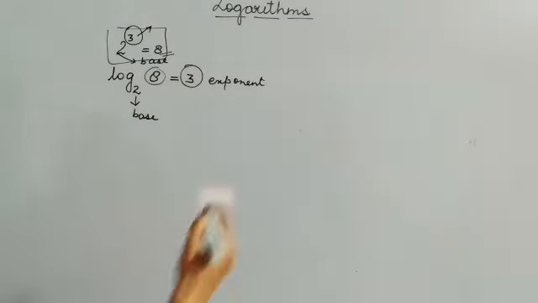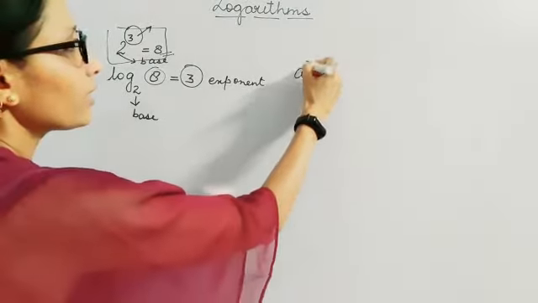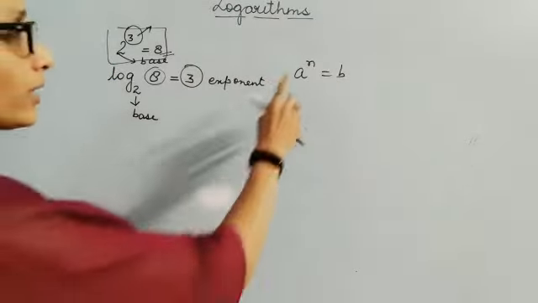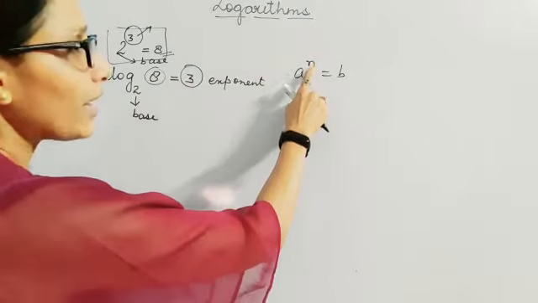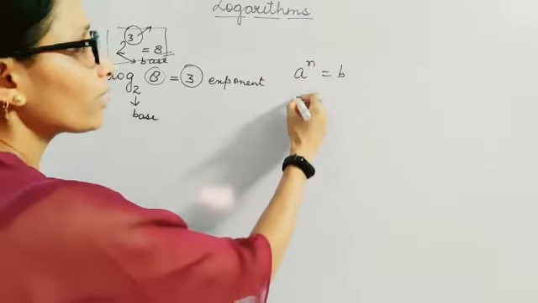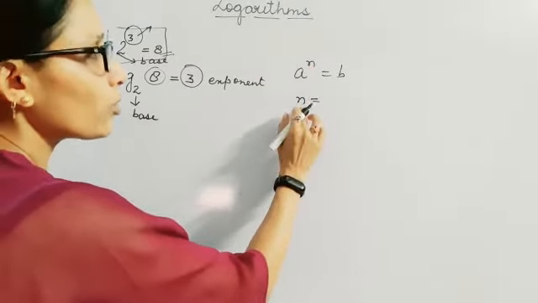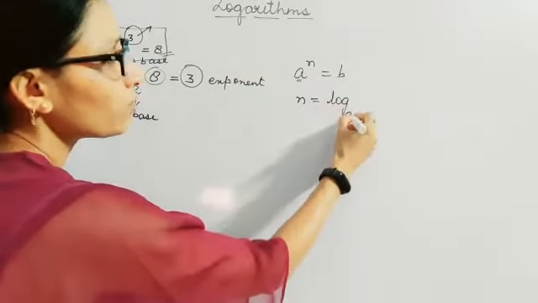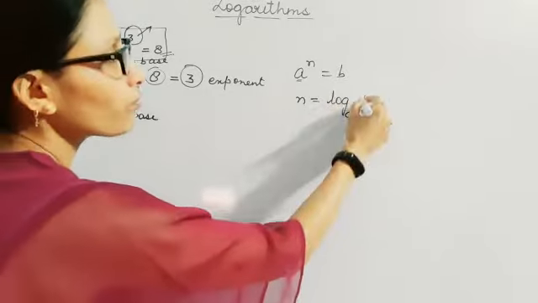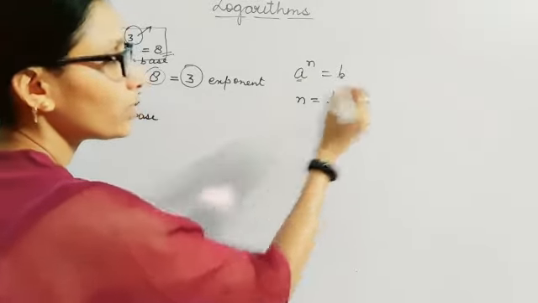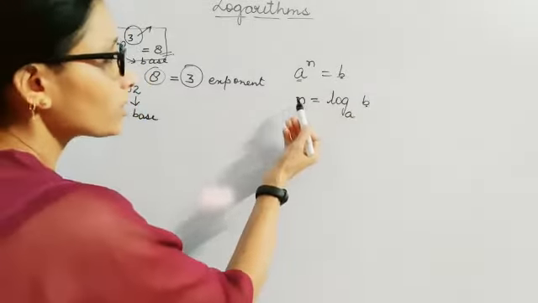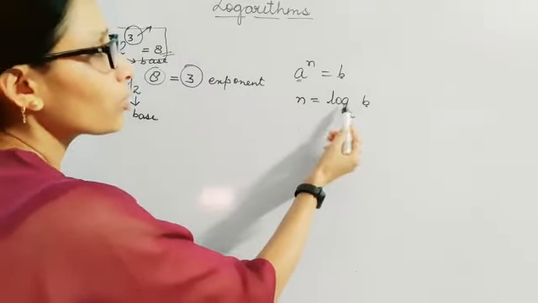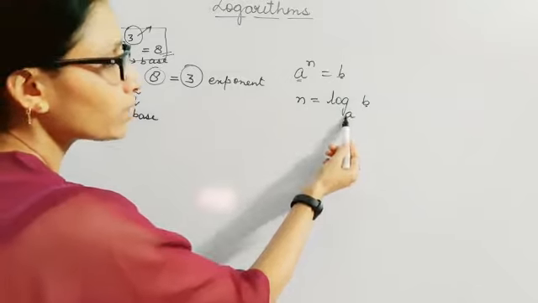In general, we can represent it like this: if you are given a raised to power n equal to b, then you can write n is called the logarithm of b to the base a.